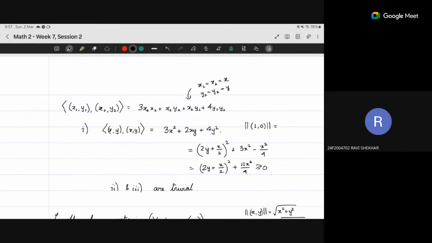This should be 3, right? I mean, square root of 3, but yeah. If I substitute y is equal to 0 and x is equal to 1 in this, I'll get 3, which is the square of the length. So root 3. But in the usual inner product, your length of this would be just 1. This is a standard basis vector.